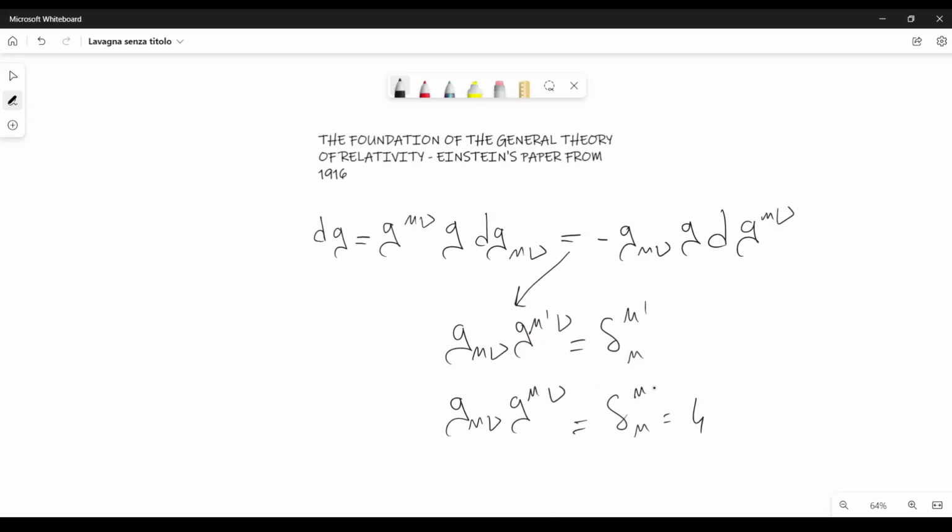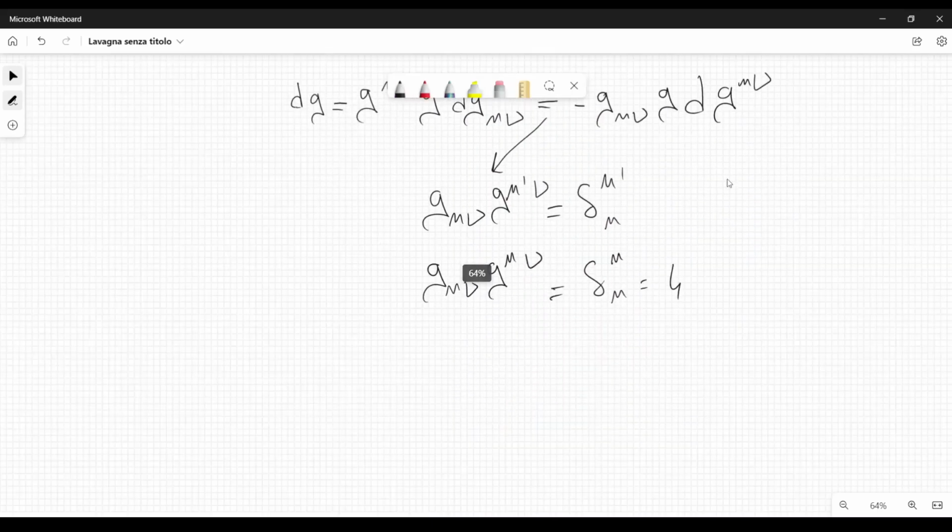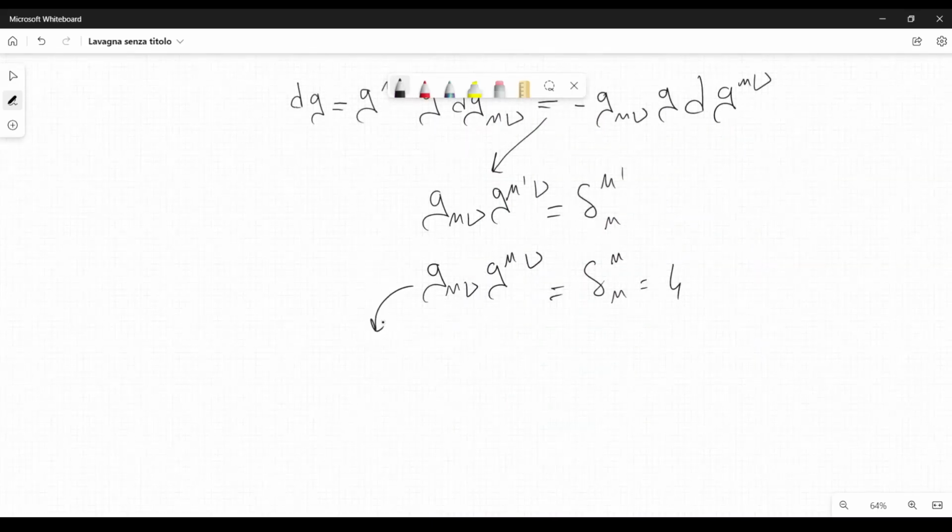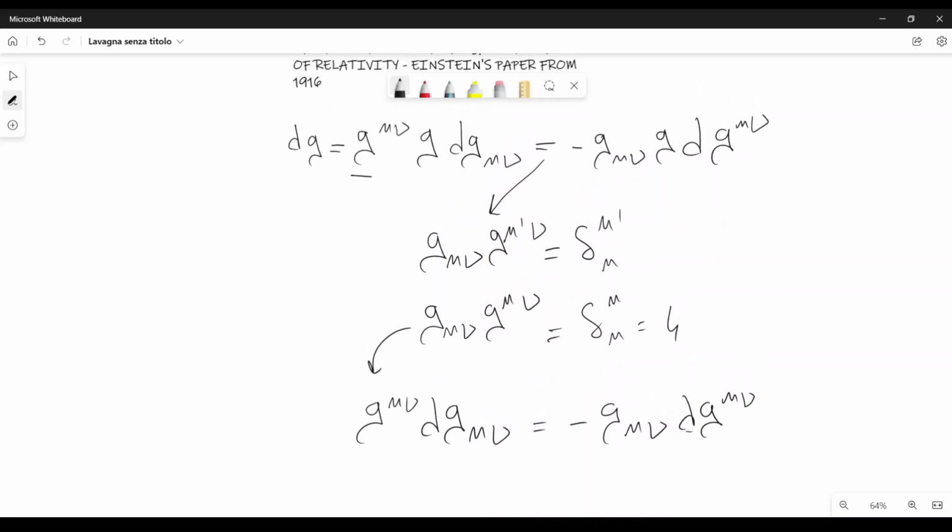So if we take the differential of this expression, we get g^{μν} dg_{μν} equal to minus g_{μν} with lower indices, differential of g^{μν} with upper indices. And therefore, it's easy to verify that if this first equality is true, then the second equality will also be true because of what we have just done here.